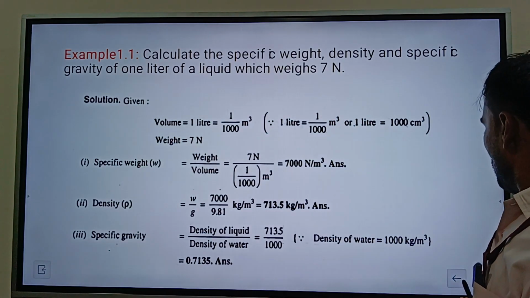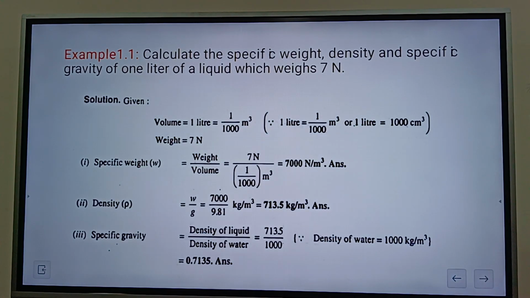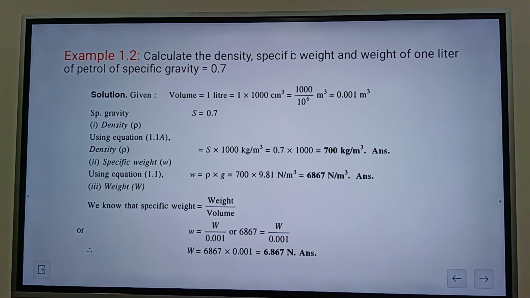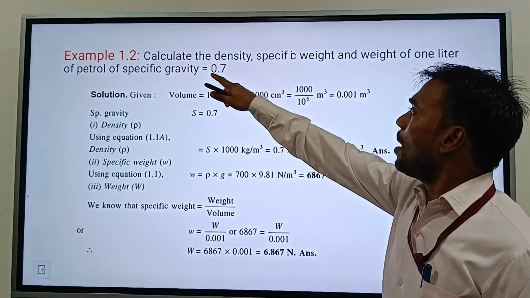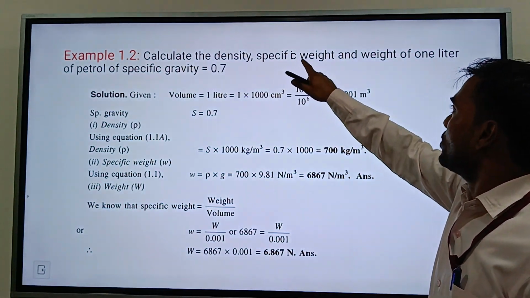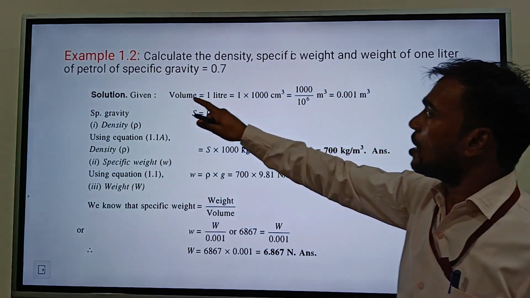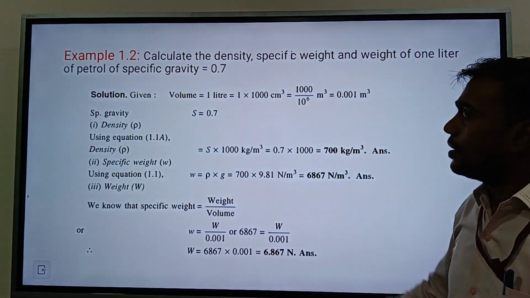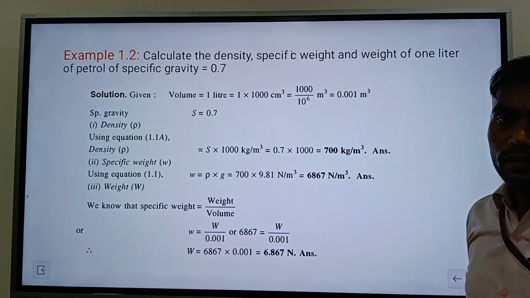Okay, so let us discuss the next example. We have to calculate the density, specific weight, and weight of 1 liter of petrol of specific gravity 0.7.